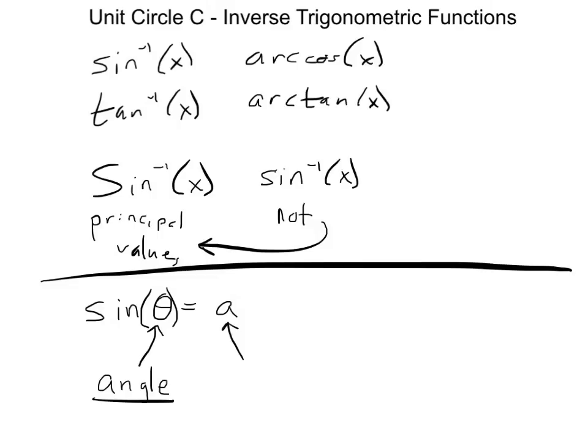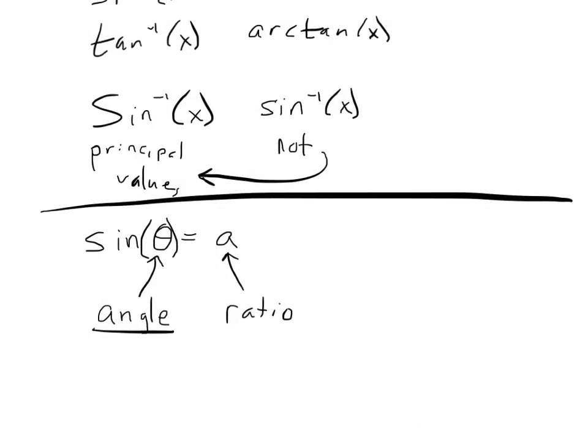And whatever answer you get back, whether you use the unit circle, whether you use a calculator, whether you come up with some other method, the thing you get back is a ratio. In the case of sine, it's the ratio of the opposite over the hypotenuse of some triangle somewhere, right? So how does the situation change when we are using inverse sine?